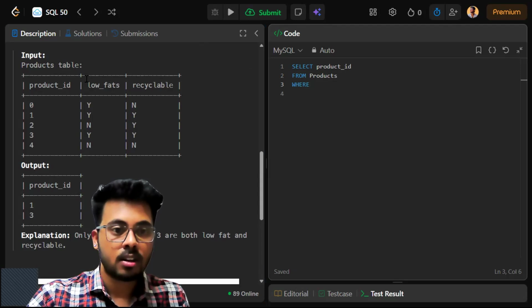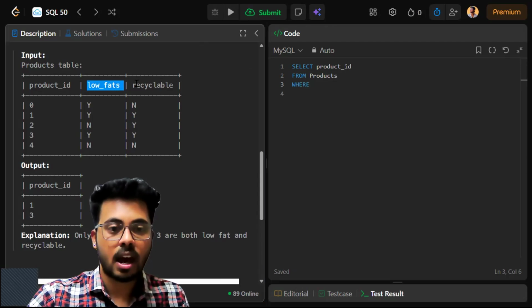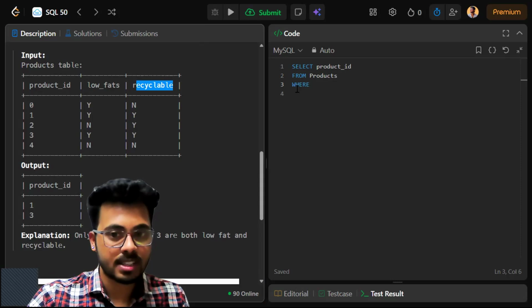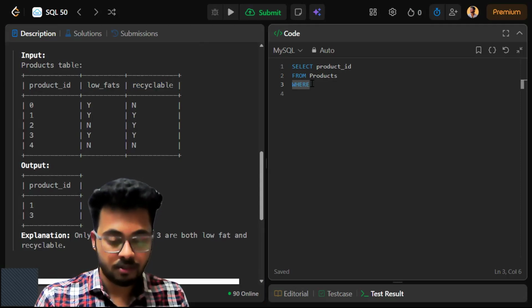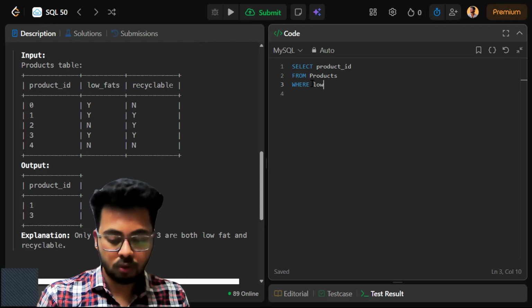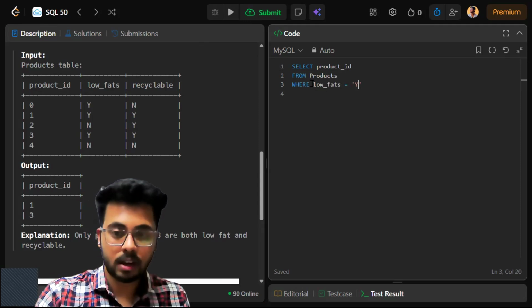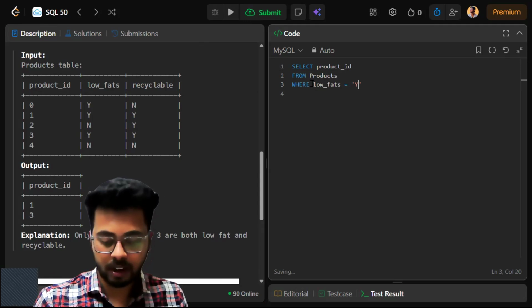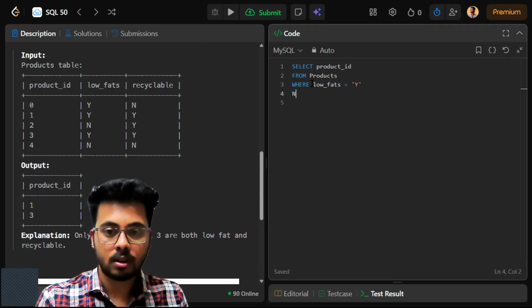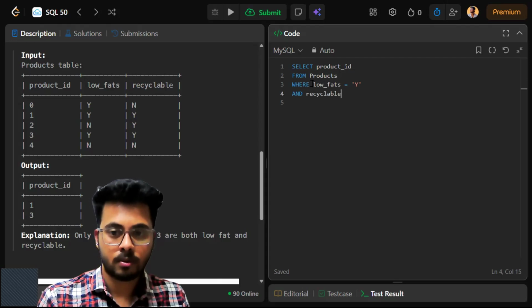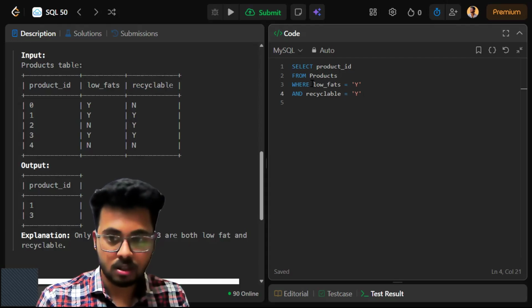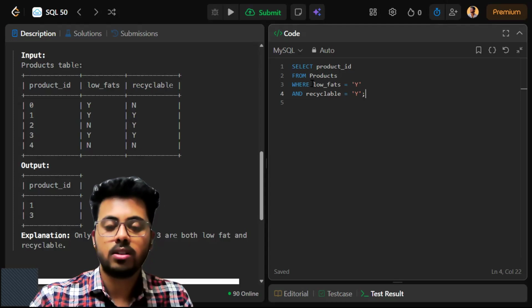The first case, low_fats would be Y, and recyclable also needs to be Y. So I'm going to say where low_fats needs to be Y, the products having low fat, and at the same time, recyclable equals Y again. And let me put our termination symbol, the semicolon.